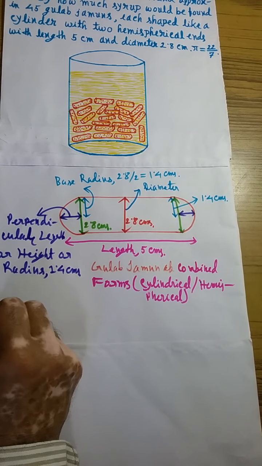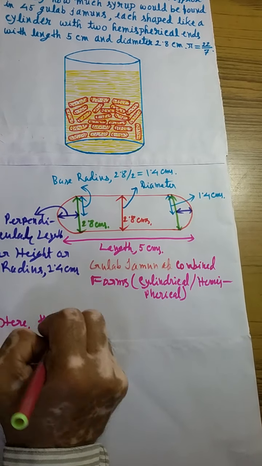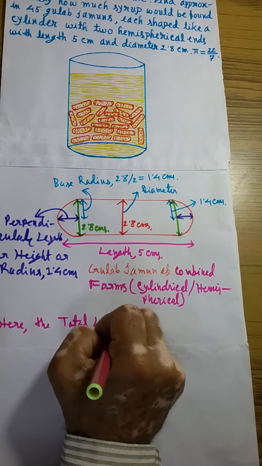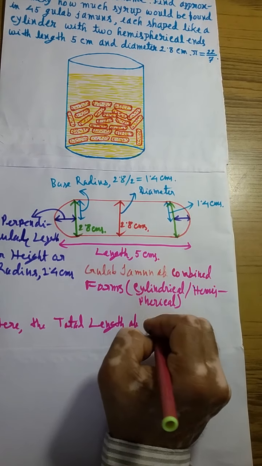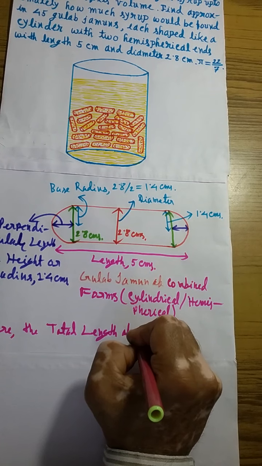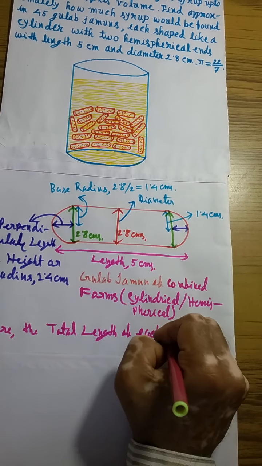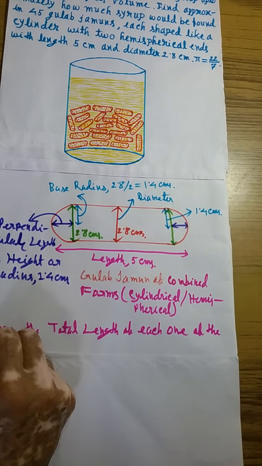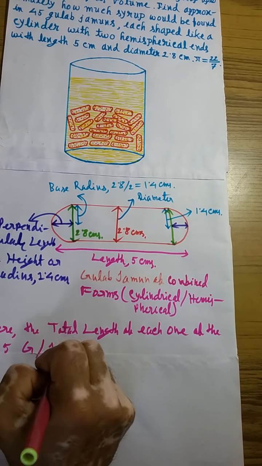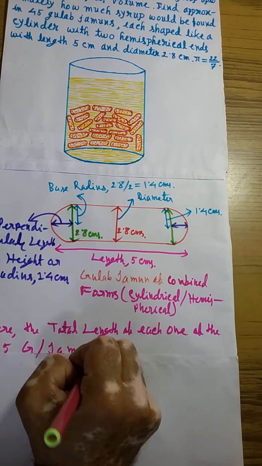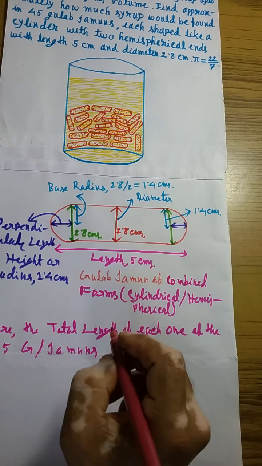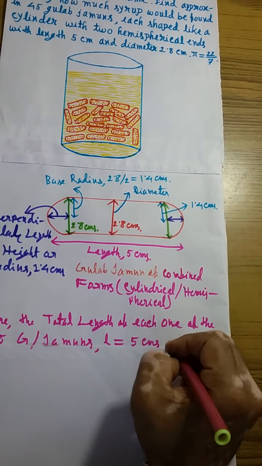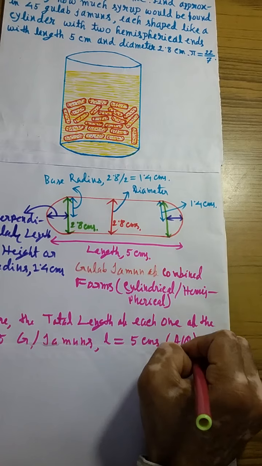Write in this way. Here the total length of each one of the 45 gulab jamuns, L is equal to 5 centimeters, which is according to the question.